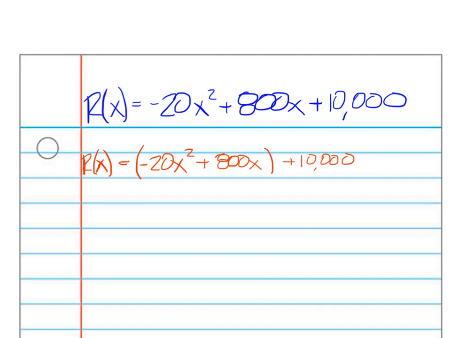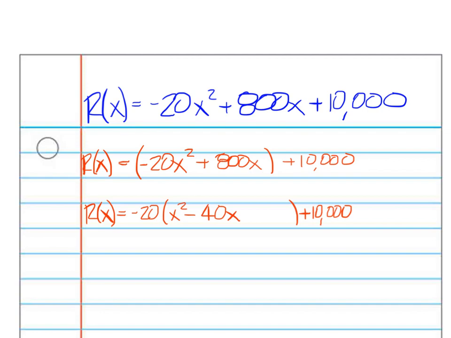And when we do that, it looks like that. What do we have to take out of the parentheses? The negative 20. So if we take out the negative 20, we're going to have this. Remember that negative 20x squared divided by negative 20 leaves us with x squared. 800 divided by negative 20 is going to give us a minus 40x in the middle. Positive divided by negative, that's where we get this minus sign.